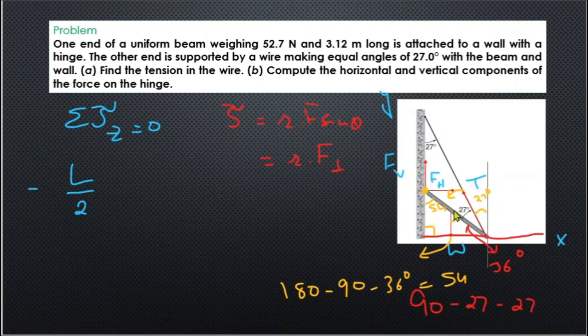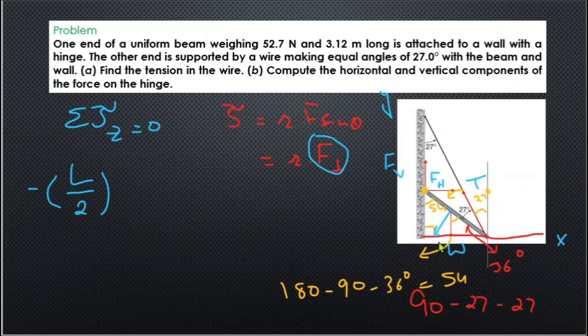Now in that case, the torque is acting vertically downward, and I need the component of the force which is perpendicular to that R, which in that case is equal to L by 2. So I have to resolve my weight into its perpendicular and radial components.